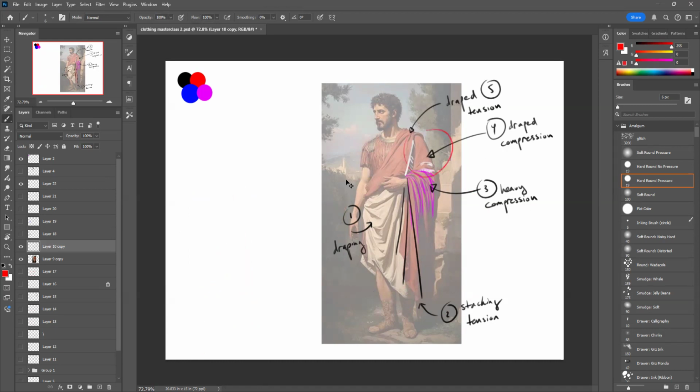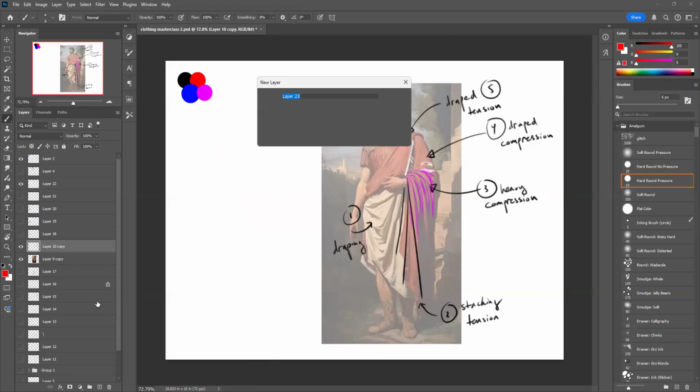Then we have our drape compression, where it comes down and pools into these kinds of zigzags. That's one way clothing works. And then the last one, this one's really simple, honestly. This is what you might call drape tension, and there's just a point up here in this case.